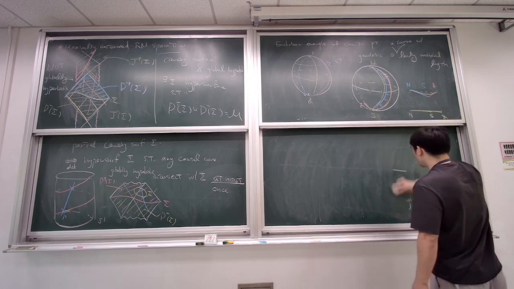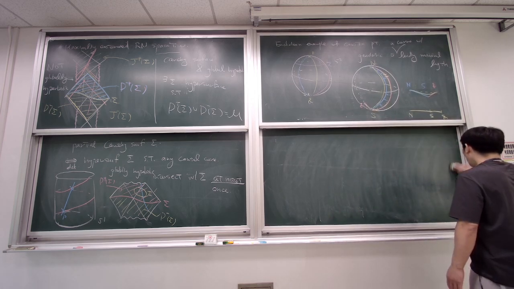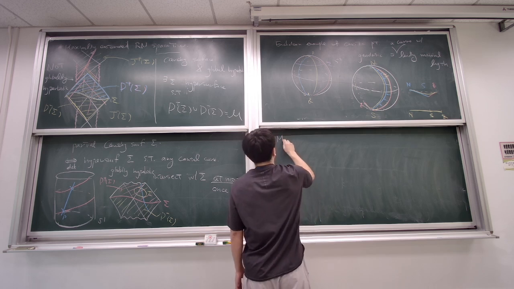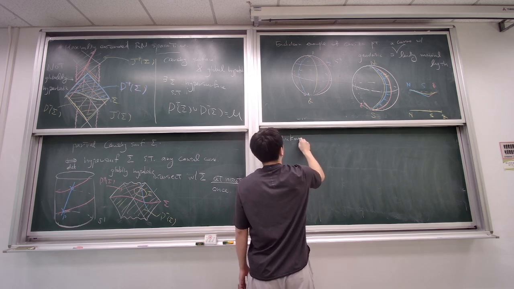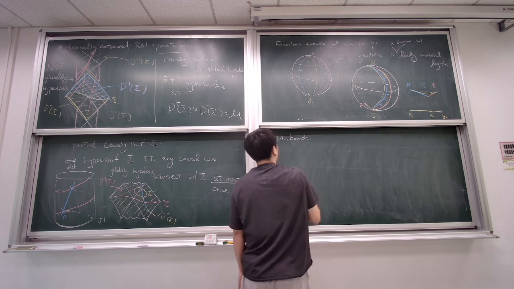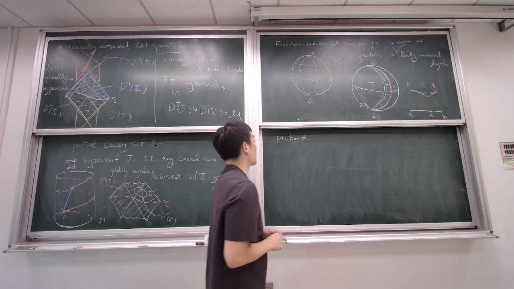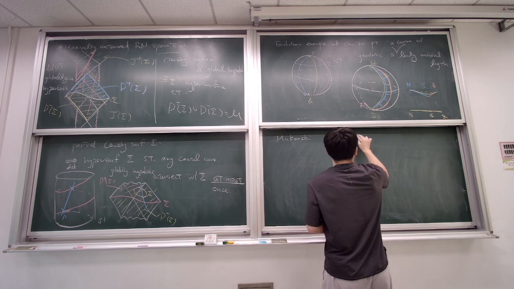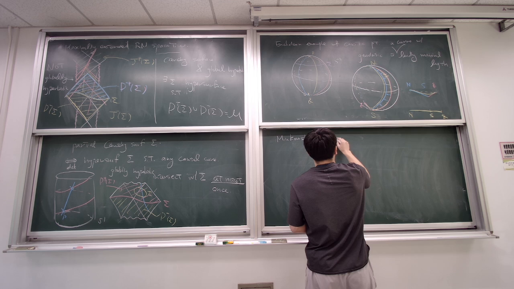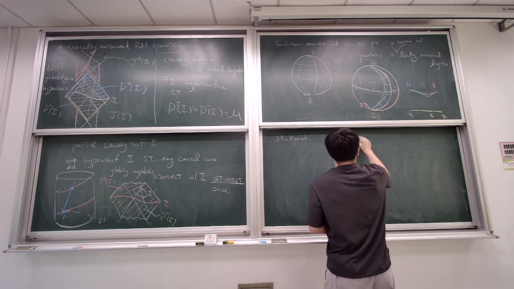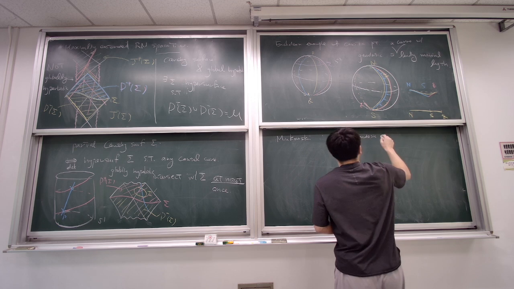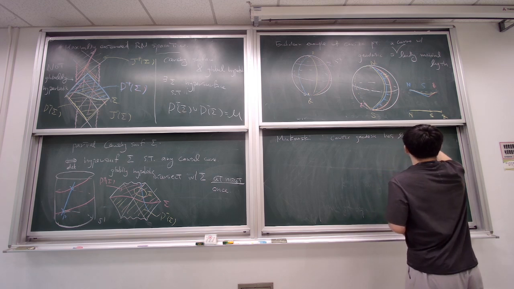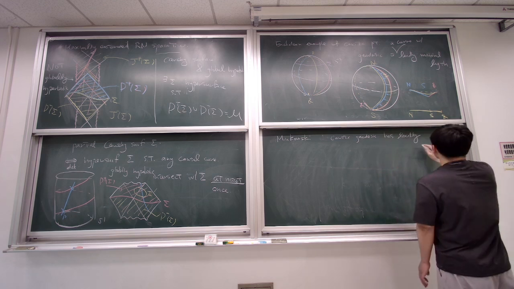If you look at a time-like curve, a time-like geodesic, it has locally a maximal length.